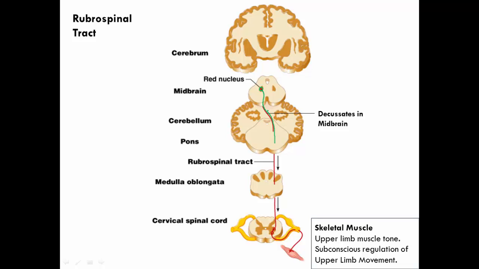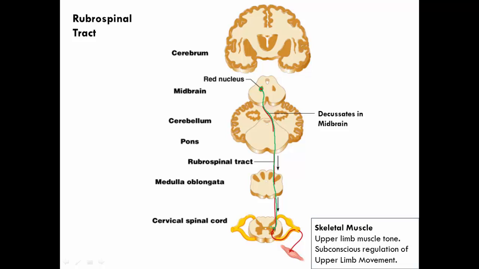And from here they travel along a pathway called the rubrospinal tract, which descends through the pons and through the medulla oblongata, and eventually down through the spinal cord, through the lateral column of white matter, until the axon reaches the gray matter of the spinal cord.